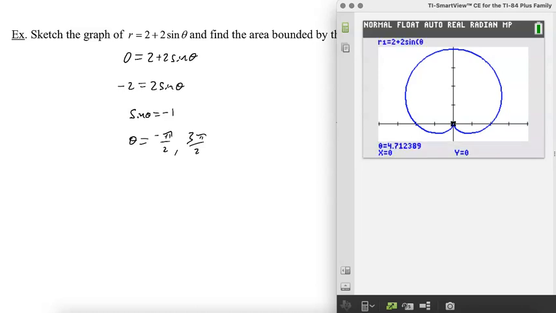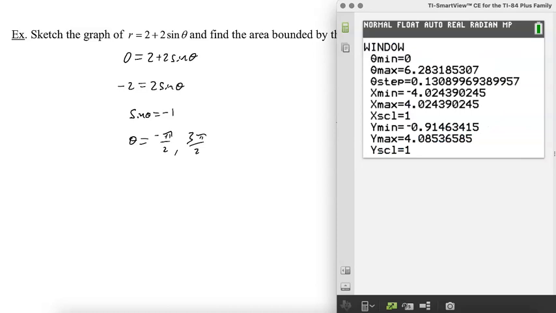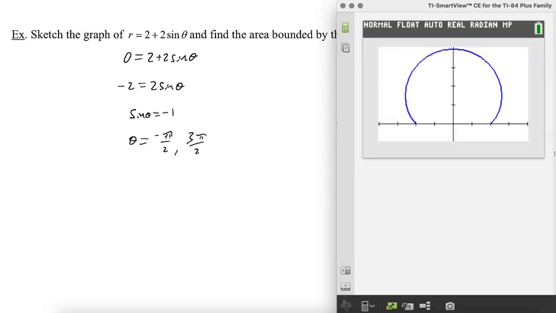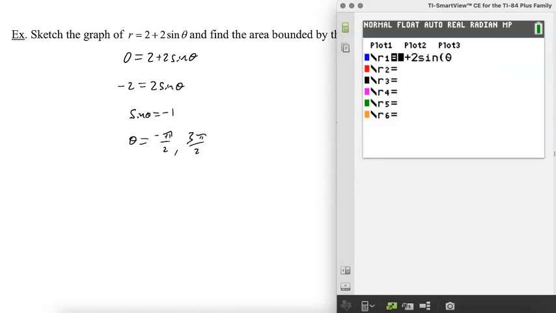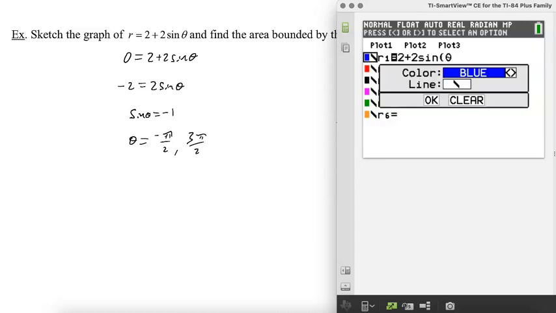All right, and that shows me it's 0. The other thing you can do is you can check your theta max. If I only want it to graph from 0 to pi, it only does half the shape. It does the top half of the shape. Let me see if I can do this here. You can also try to follow it. I hope this isn't too fast.